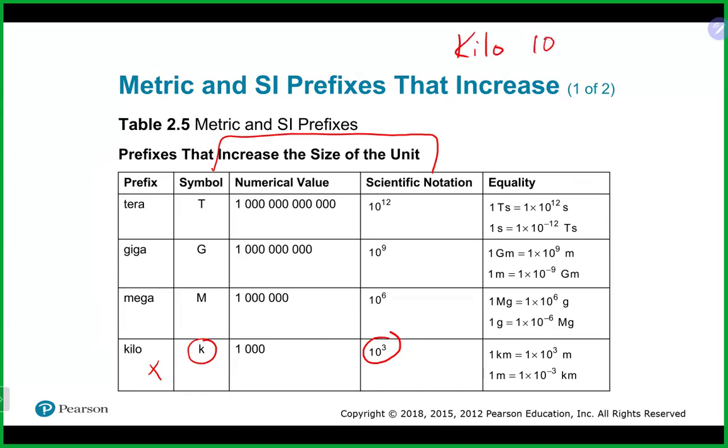next to it, it will say 10 to the 3. And when you see 10 to the 3, that is in scientific notation. And really, what that represents is 1 times 10 to the 3. So if you needed to put that into your calculator, you would put that in like we talked about with scientific notation.